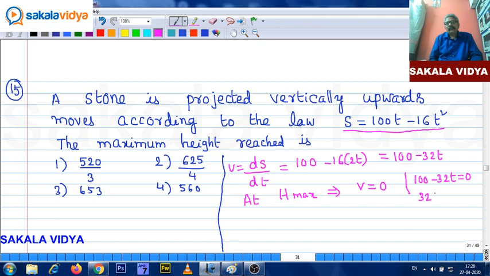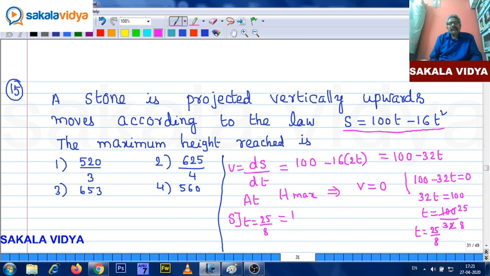So, 32t is equal to 100, t is equal to 100 by 32, that is 25/8. So after travelling 25/8 seconds it comes to rest, then it will come down, it reaches maximum height. That means now we need to find out S at t is equal to 25/8.